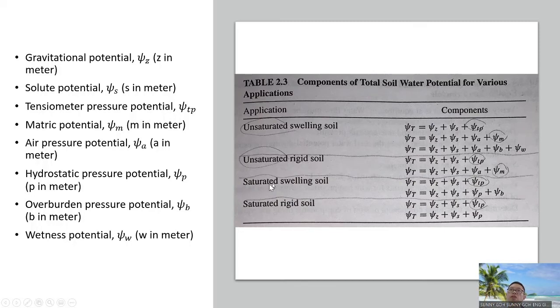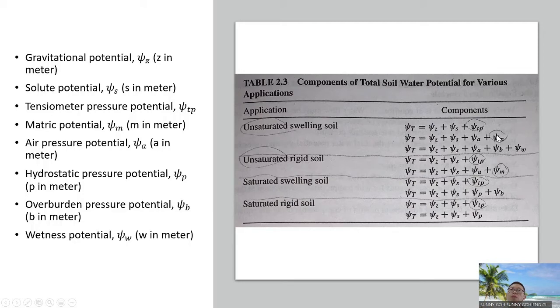But if you look at saturated soil, the difference is that they don't have this Wm, they don't have matric potential. They only have the hydrostatic pressure for swelling and also for rigid soil. For saturated swelling soil, we have hydrostatic pressure potential. For saturated rigid soil, we have hydrostatic pressure potential.